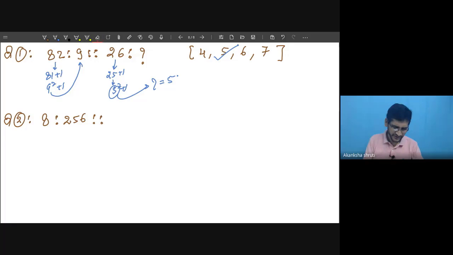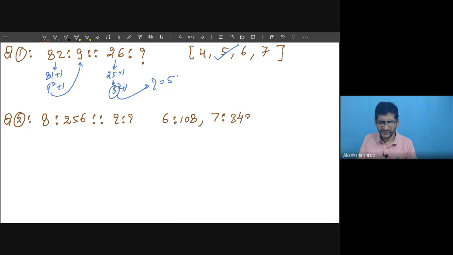I will give you the options. In the options it is also given in pair form. 6 is to 108, then 7 is to 343, then 9 is to 243, then 11 is to 1331. Yes, tell me the answer.